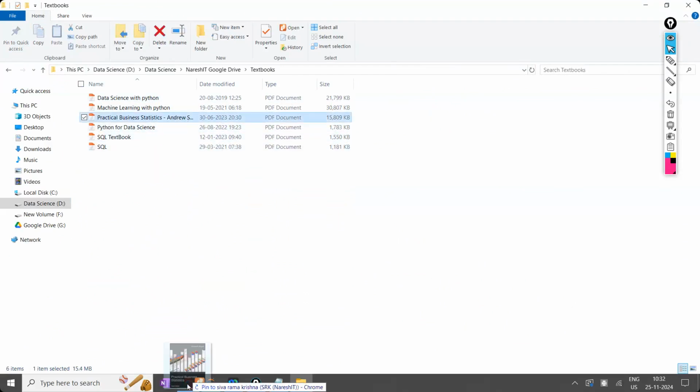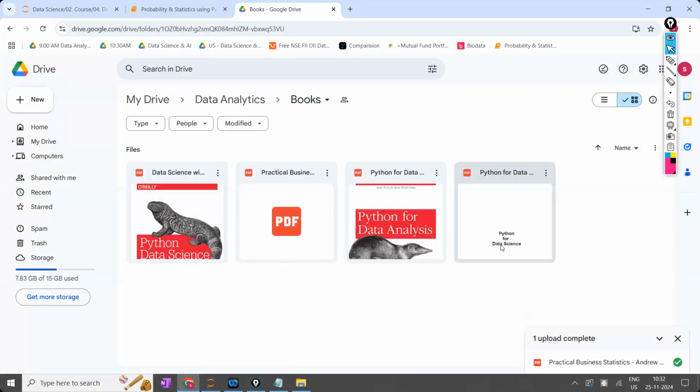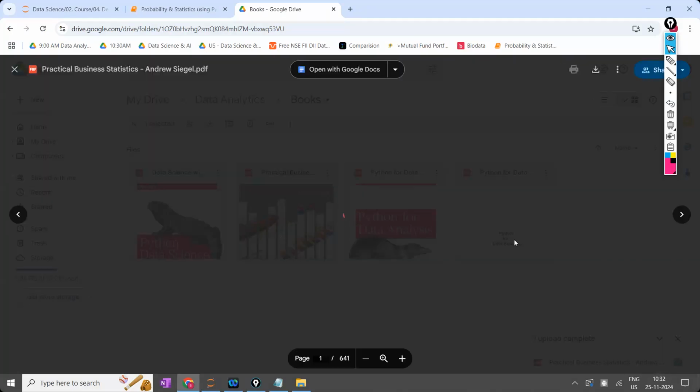This is one of the books. You can select as per your choice. If you are having any other statistics textbook with you, you can continue with the same. From my end, I am uploading one book for you. Just you can go through. This is the book. I have added the textbook for your reference purpose.